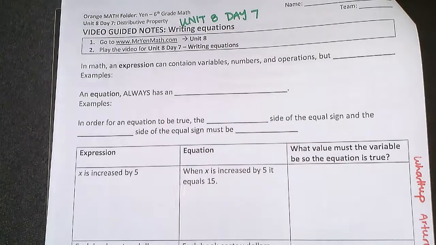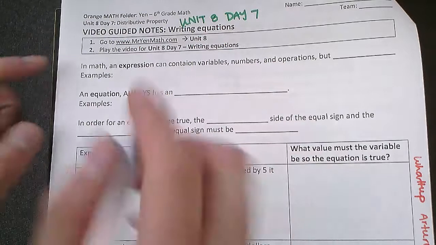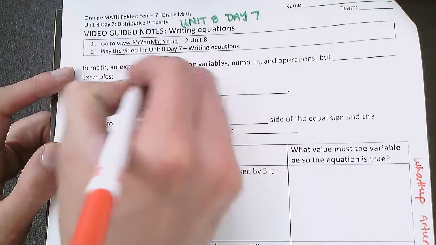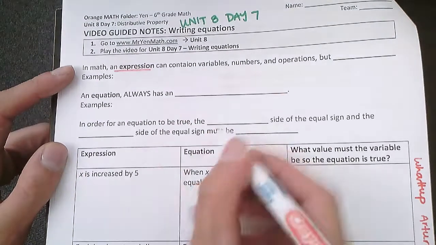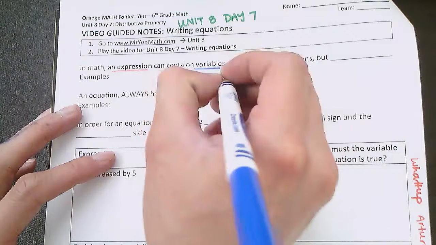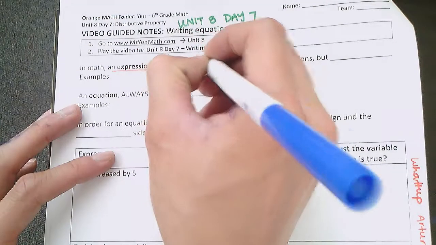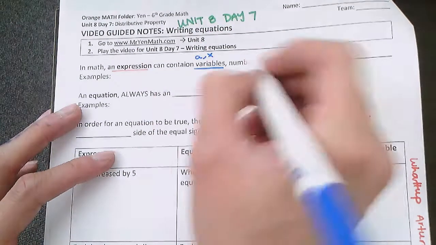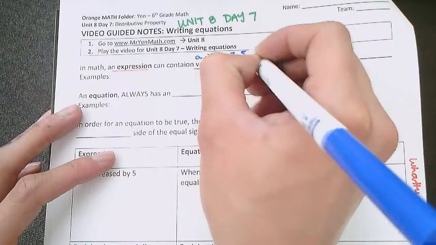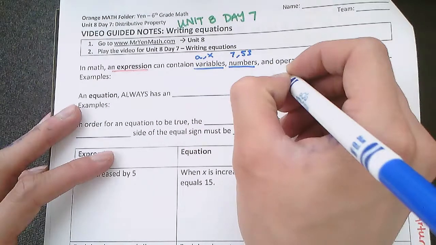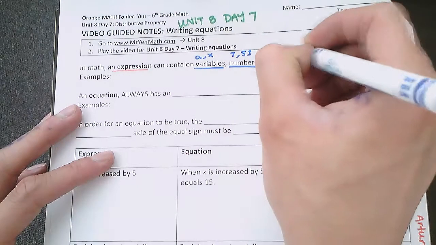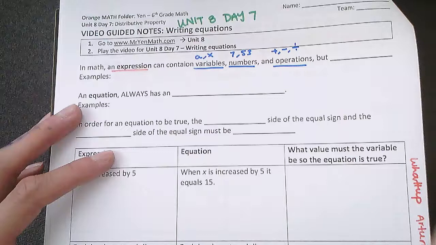We're going to start off with some math vocabulary for today. In math, an expression can contain variables, right? A variable is when we use a letter for a number, like a or x, for example. Numbers, that could be 7 or 53. And operations, things like plus, minus, divide.